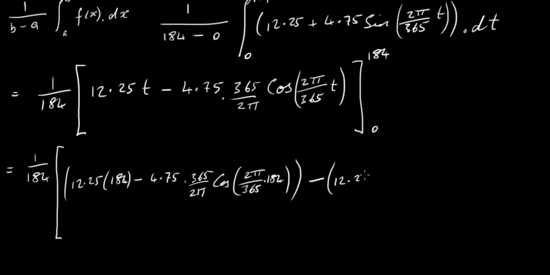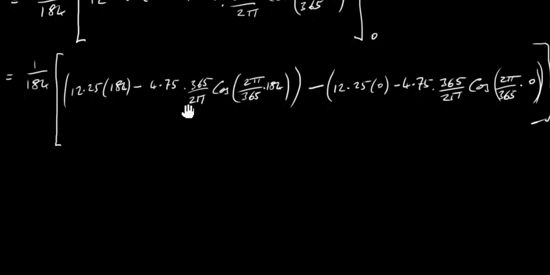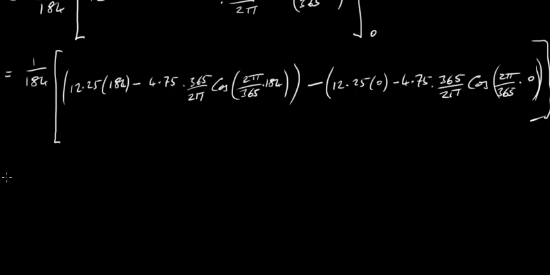So it's going to be 12.25 times 0 minus 4.75 times 365 over 2 pi cosine 2 pi over 365 times 0. And that's another bracket here, and then our big bracket here as well. Okay, so you can see this is kind of big, but hopefully it should just simplify down nicely.